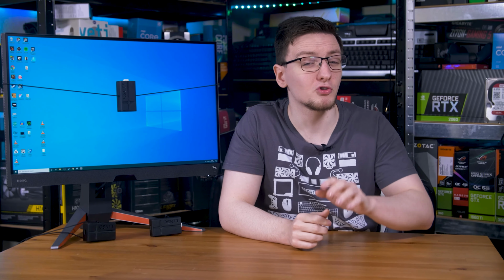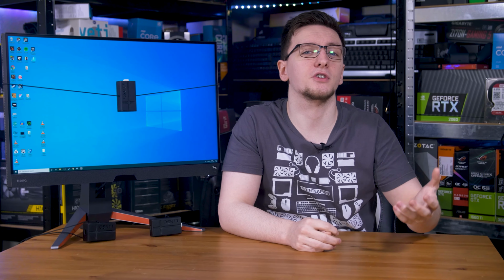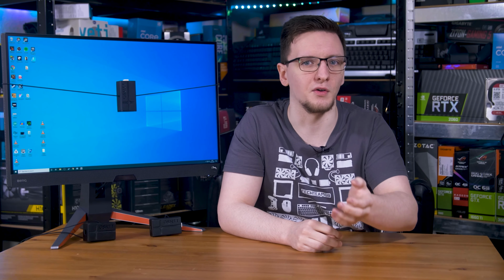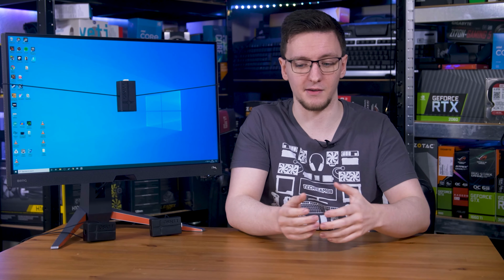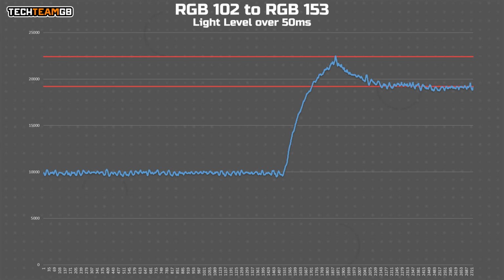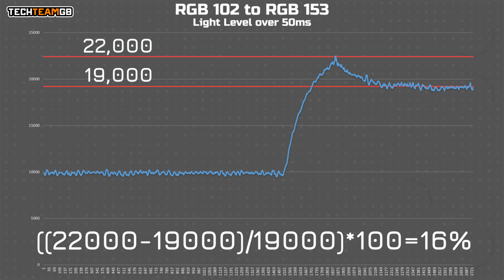Most reviewers, traditionally anyway, would quote overshoot as a percentage based on the light level. Some quote it as a percentage based on the end light level alone. So for this 102 to 153 transition, you would quote that as 22,000 minus 19,000, divided by 19,000, and times it by 100 to make it a percentage, which comes out to about 16%.